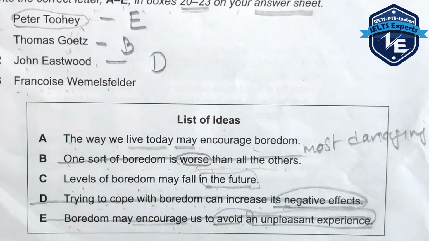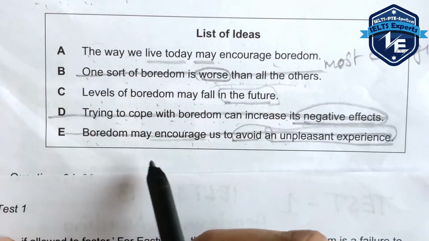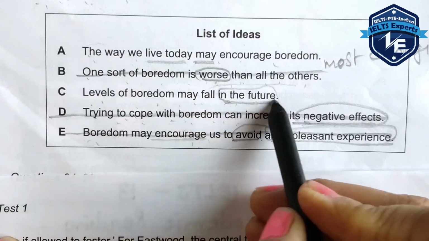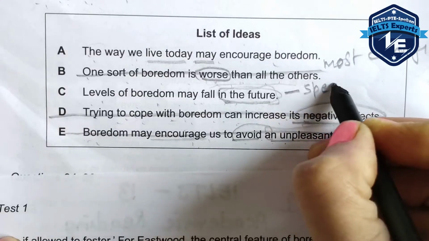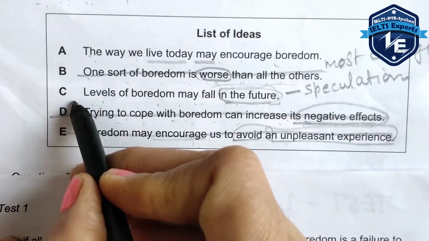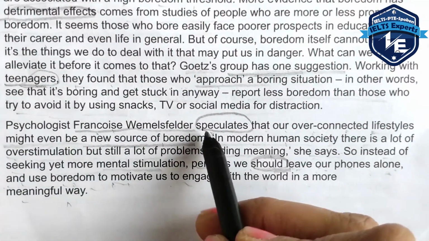We have already read this passage for the matching sentences. The speculation is about the future. The writer has used the word speculation. From the first line we come to know this option is for Francois Wemmelsfelder. Levels of boredom may fall in the future.